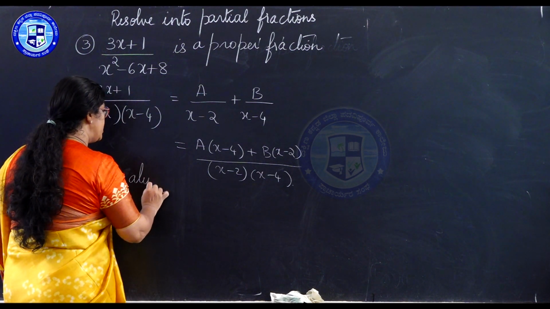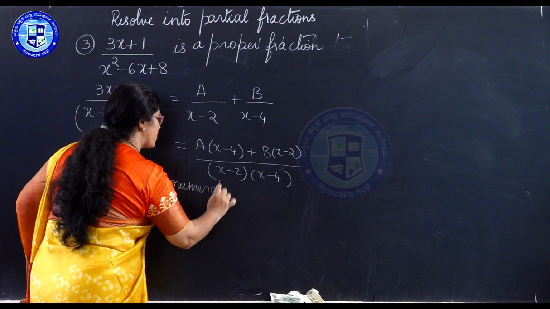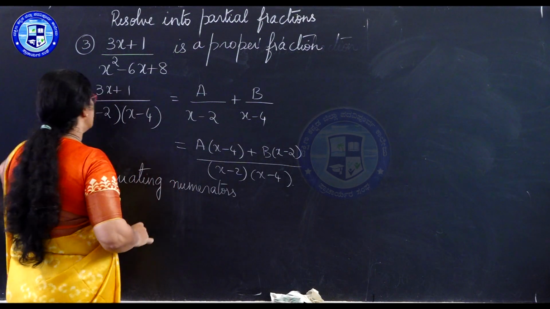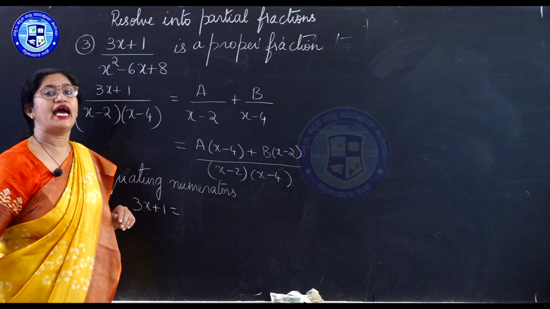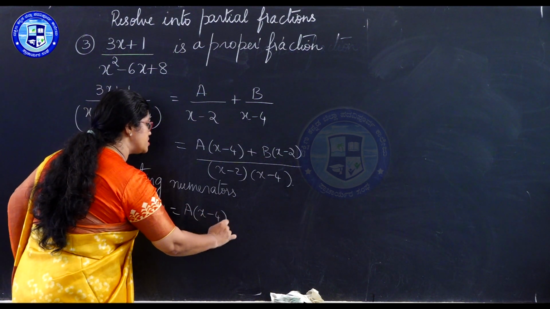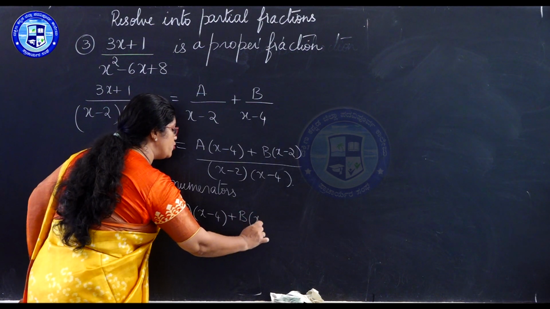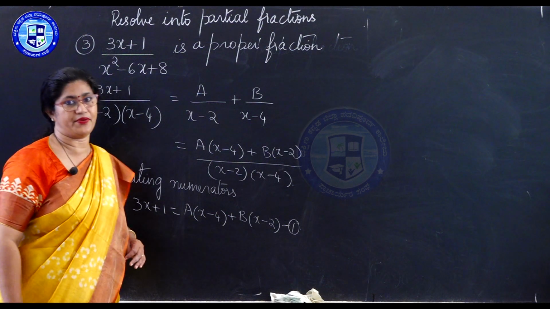So equating the numerators, left hand side numerator is 3x plus 1 and the right hand side numerator is a into x minus 4 plus b into x minus 2. Write this as equation 1.